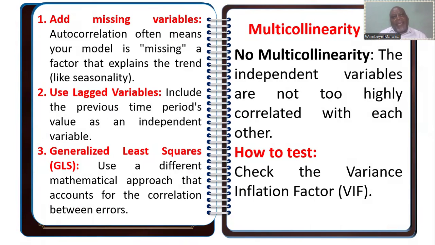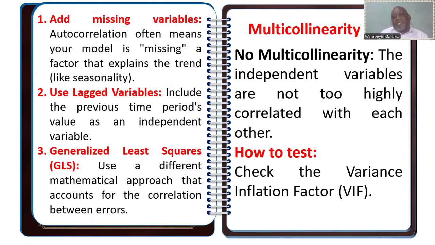Look at your data and add the missing variable. 2, include the previous time period value as an independent variable. And 3, use generalized least squares. This is a mathematical approach that accounts for correlation between errors.